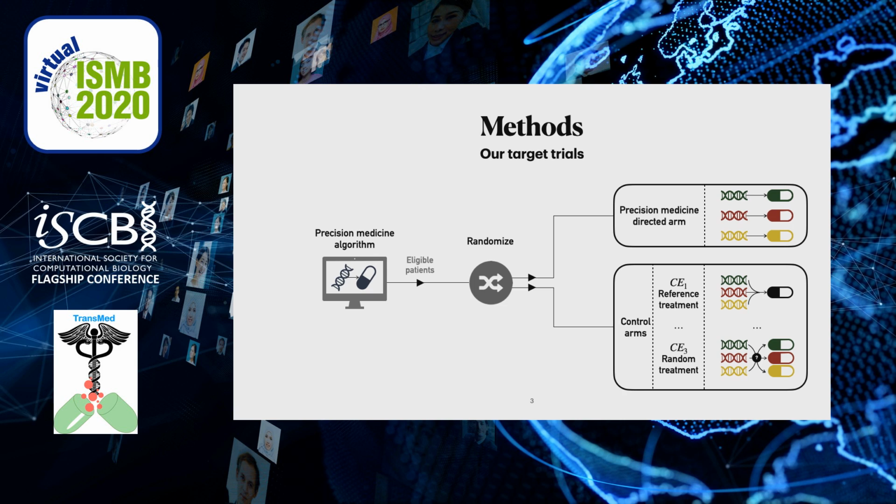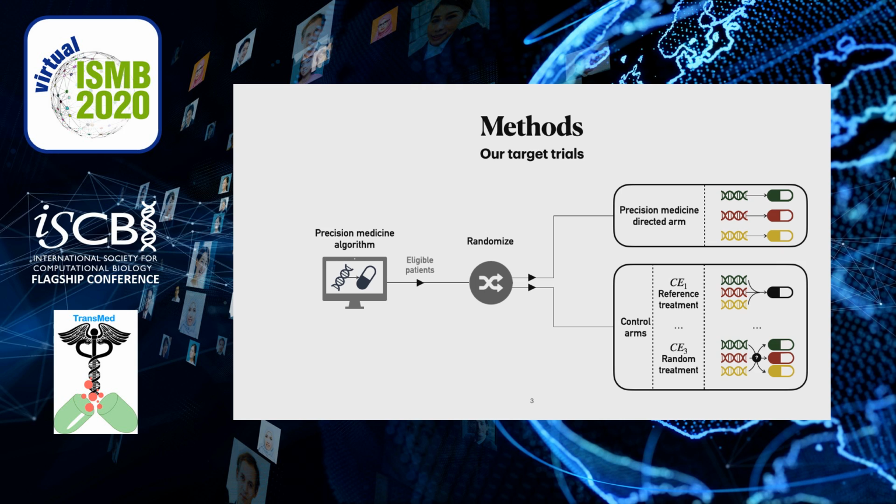So we have a precision medicine algorithm, then we focus on eligible patients, the ones with alterations that we can target, and then we randomize them, as in many clinical trials, into a precision medicine directed arm, in which all patients are treated with the treatment recommended by the precision medicine algorithm, and we can compare this arm with some control arms. We have different possibilities.